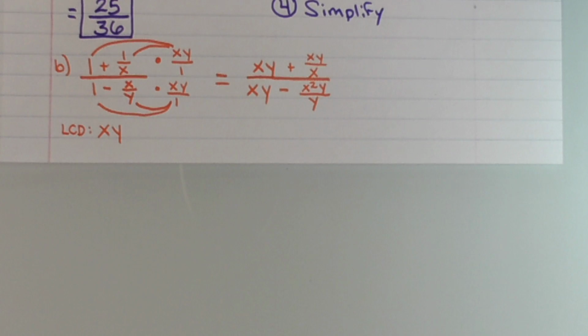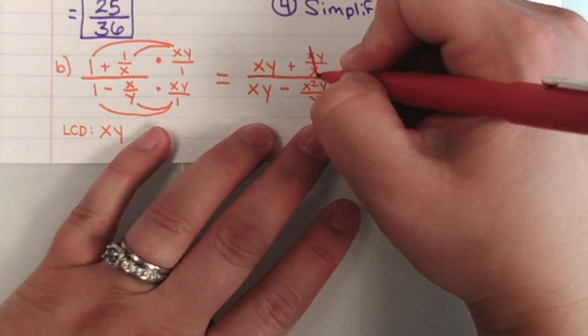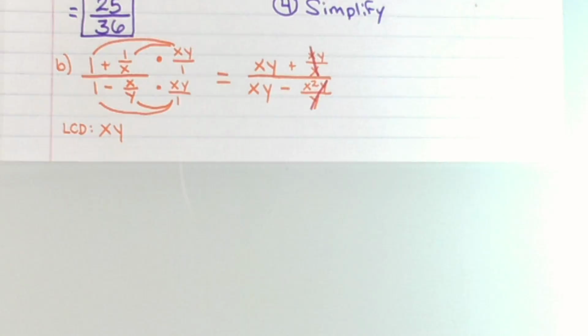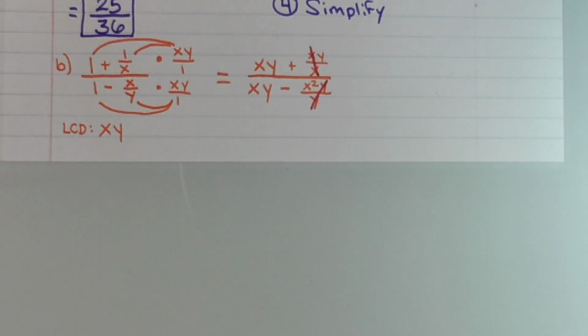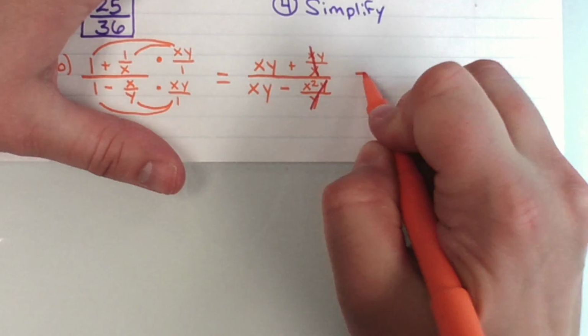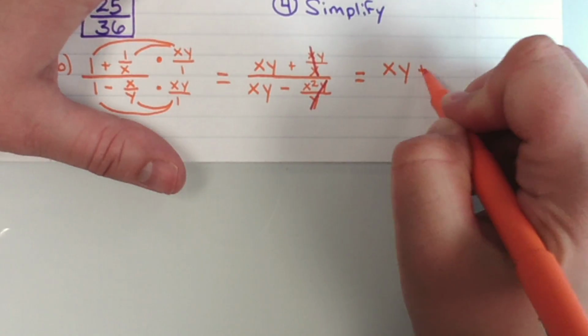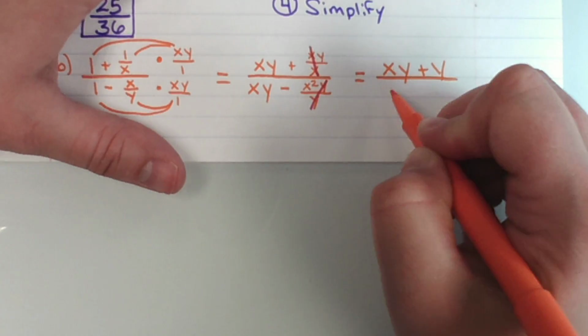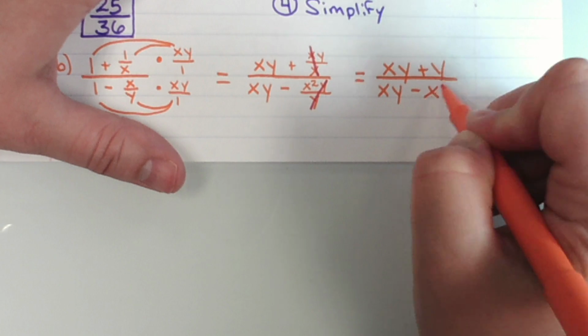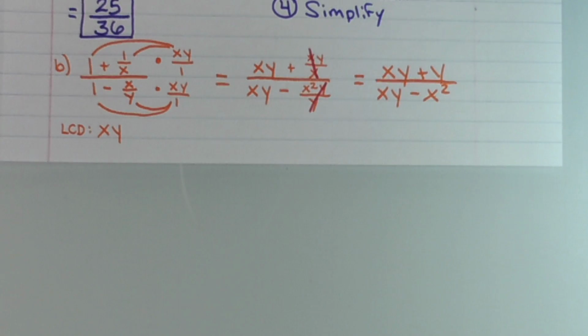We then simplify the baby fractions. X over x will cancel, y over y will cancel. I'm left with xy plus y over xy minus x squared. The last thing we're supposed to do is simplify.